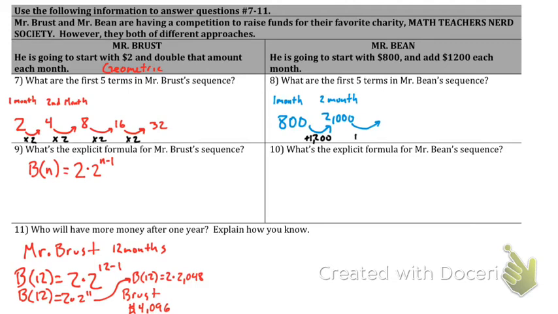Okay, and this is adding 1,200 again. $3,200 for month 3. Plus 1,200.